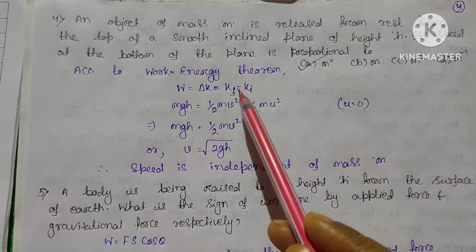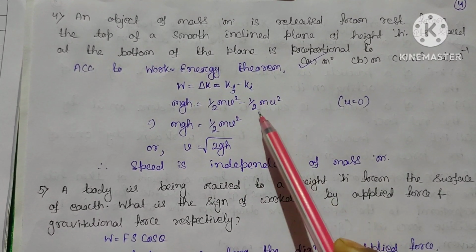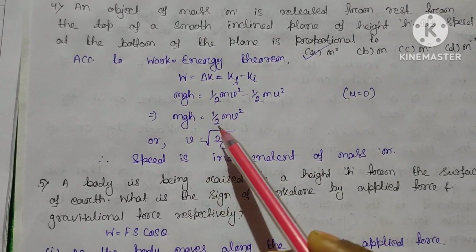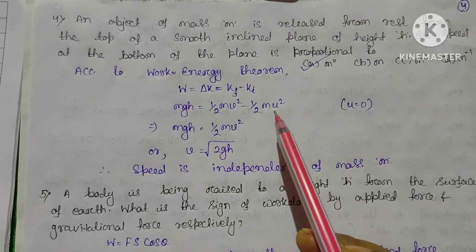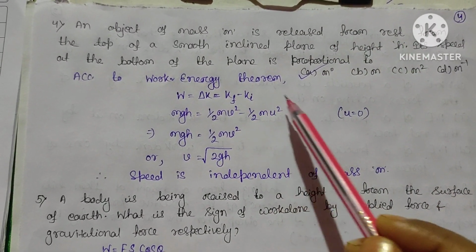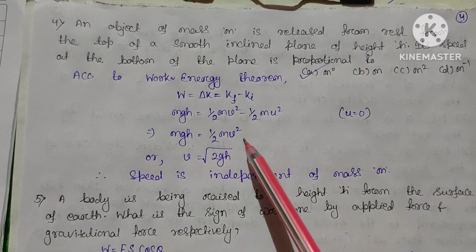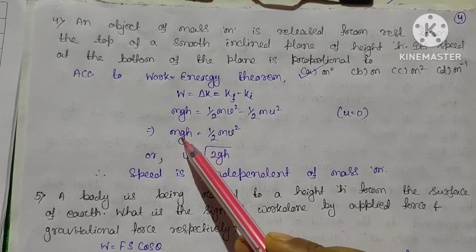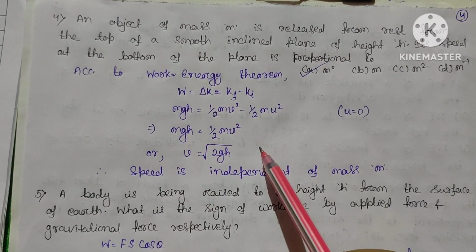Half mv square is the final kinetic energy and half mu square is the initial kinetic energy. So mgh will be equal to half mv square, since the body is released from rest, so u is 0. By cancelling m, we can write v square equal to 2gh, or v equal to root over 2gh.